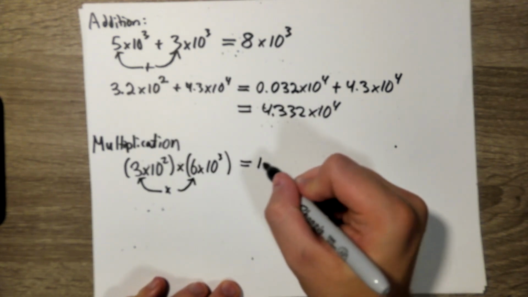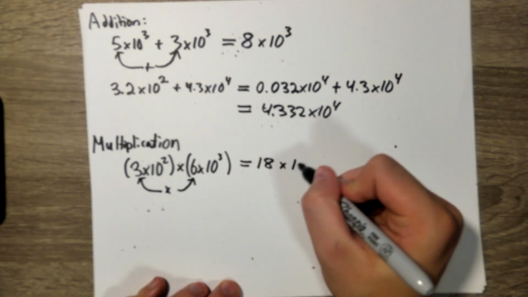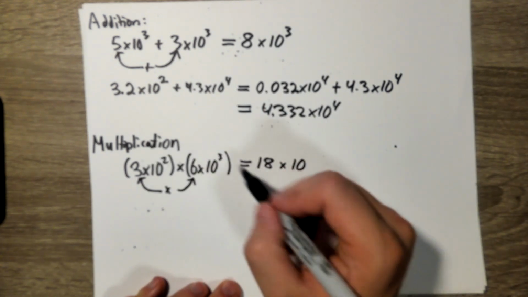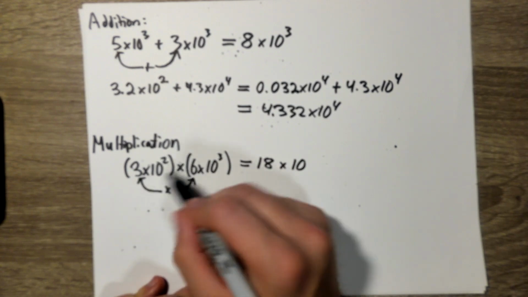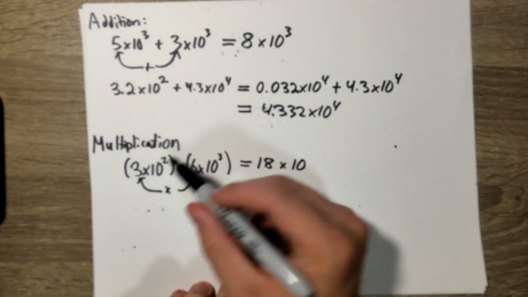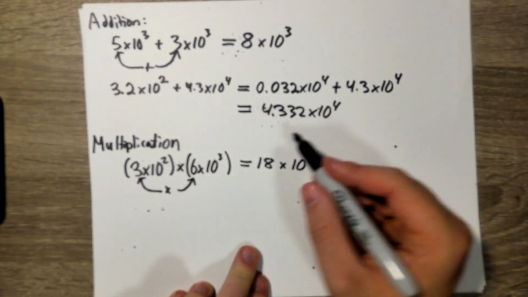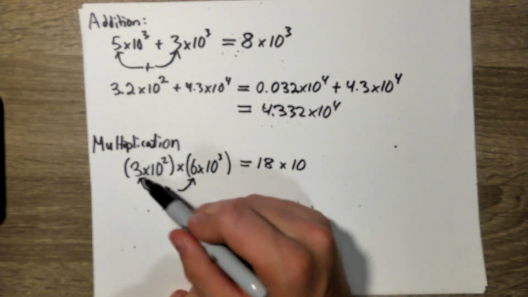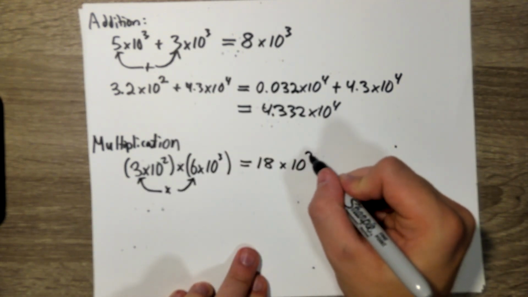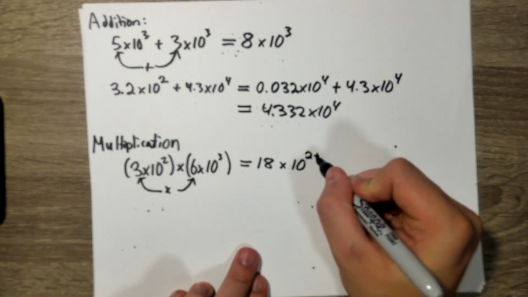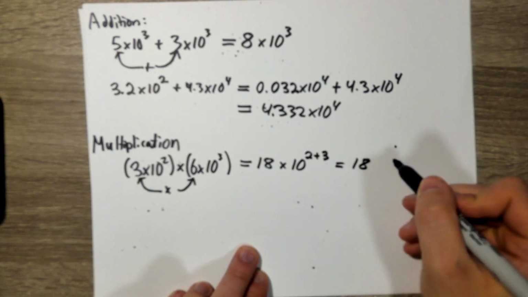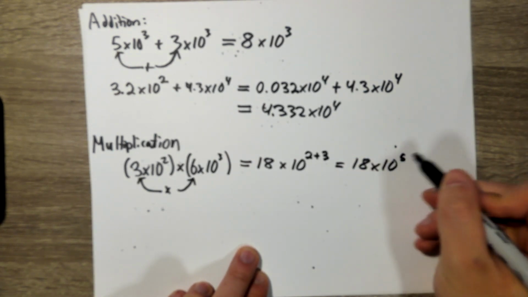So 3 times 6 is 18, and then we have times 10 to the exponent. Here we're multiplying these powers, and if you remember exponent laws from math class, when you multiply exponents with the same base, you add the exponents. So this would be 10 to the 2 plus 3 power, otherwise known as 5. 18 times 10 to the 5.